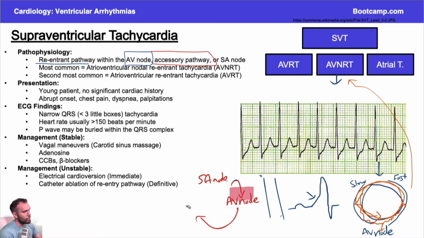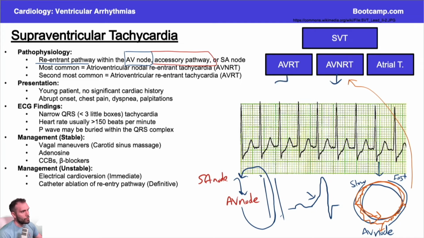Now you can imagine if we just take away some of these arrows for a second, right? So what could happen potentially here is this accessory pathway can essentially act to take the signal from the AV node and actually create a circuit itself, and vice versa. You can actually have a signal going this way and coming back up through the AV node. Okay, so these are going to be the types of AVRT, so the atrioventricular reentrant tachycardias.